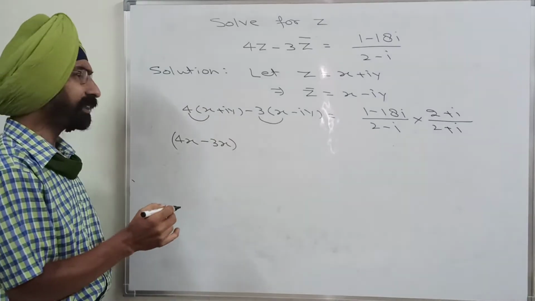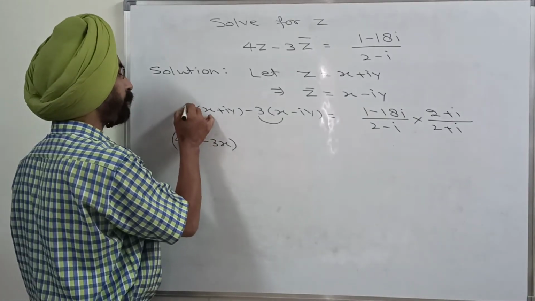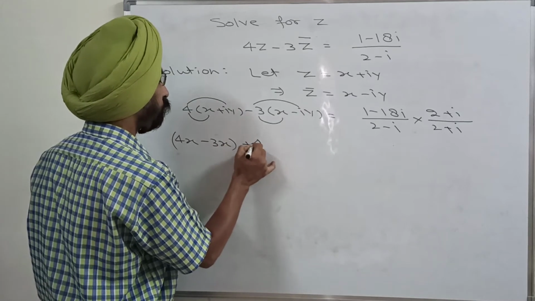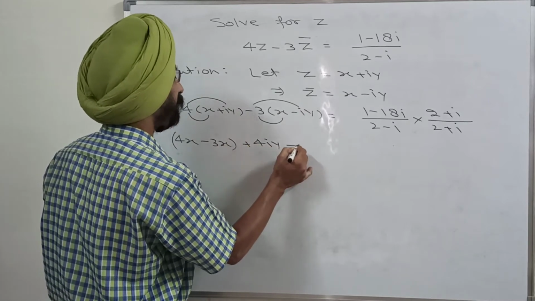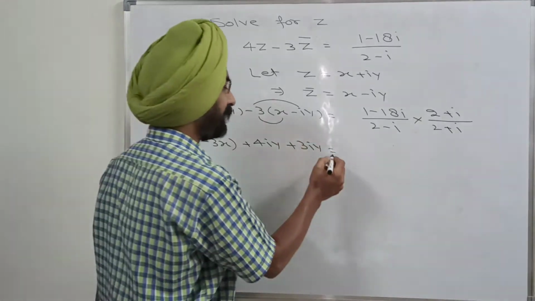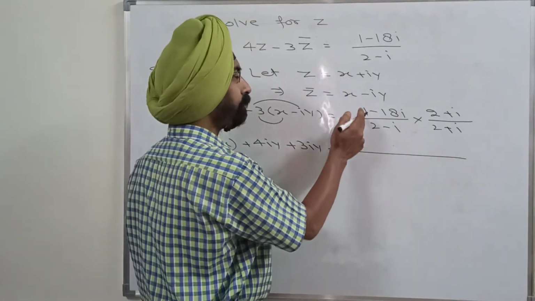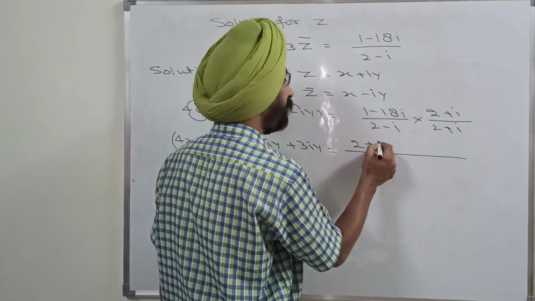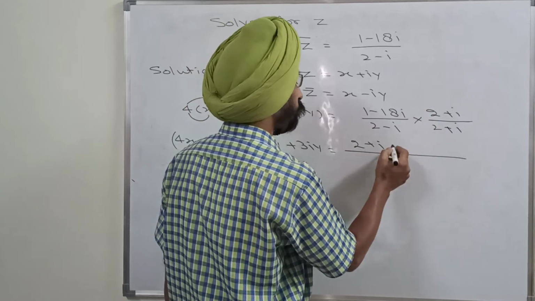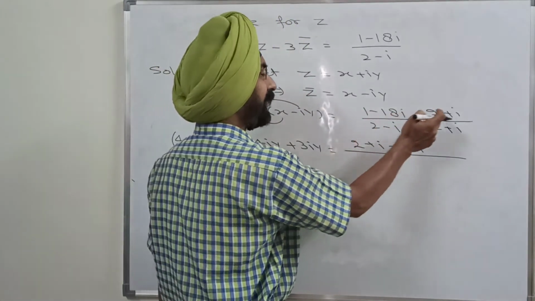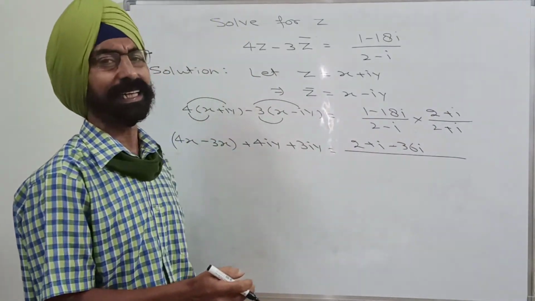These are the real parts, and for the imaginary parts, look at these two. So this is plus 4 iota y plus 3 iota y is equal to, on the other side I am going to multiply. 1 into 2 is 2, 1 into iota is plus iota, minus 18 iota into 2 is minus 36 iota, and finally minus 18 iota into iota is minus 18 iota square.